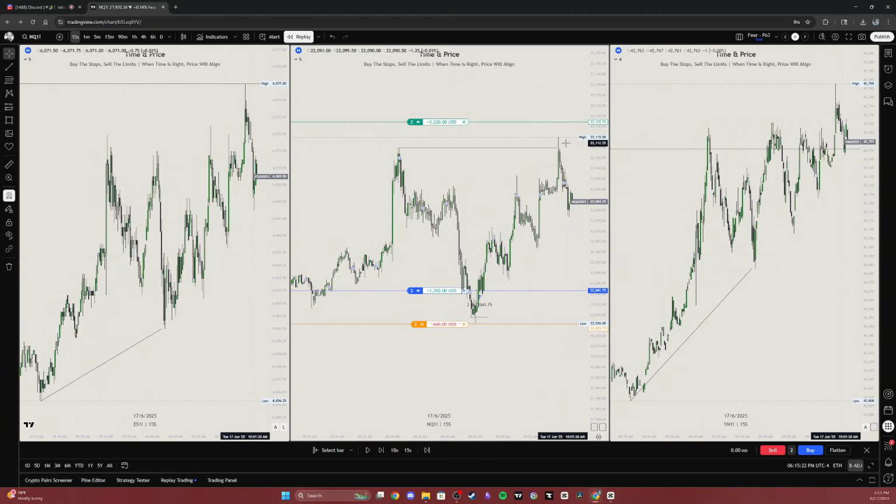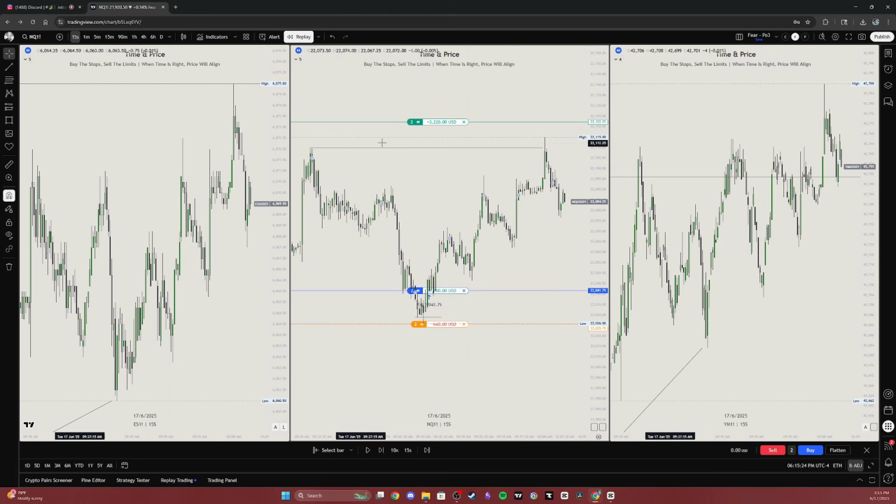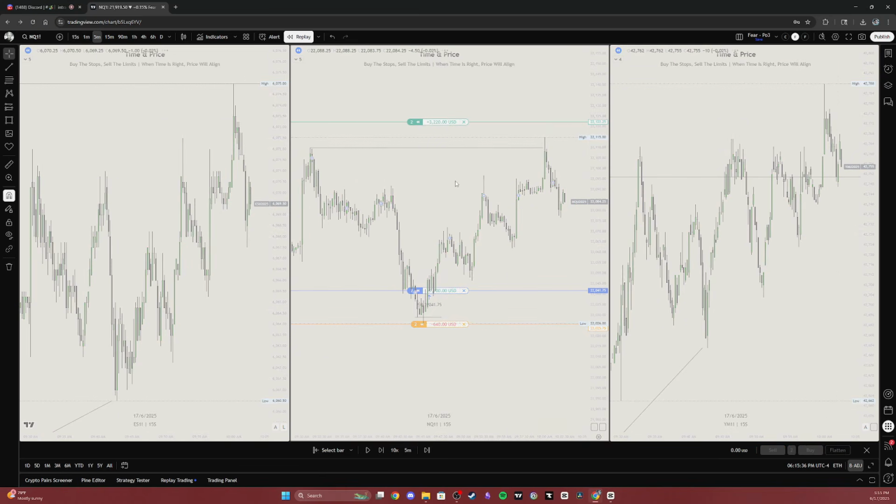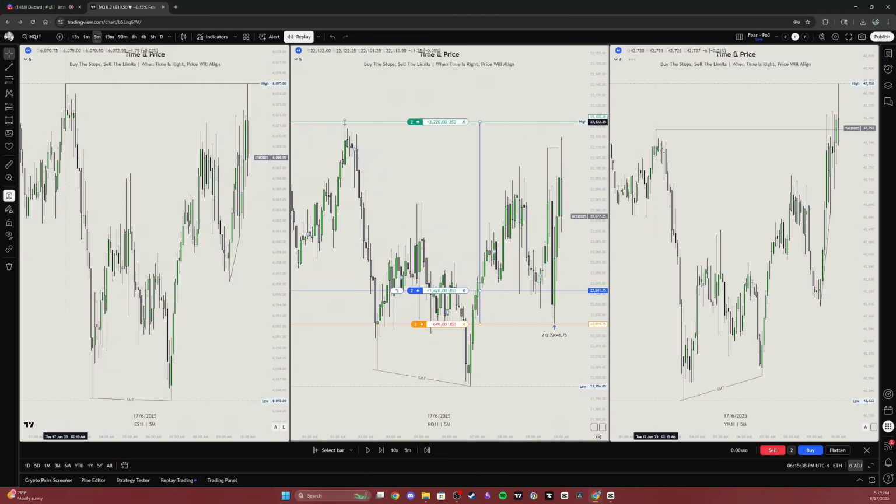Reason being, there's no SMT at the highs, but we just raided the 9 AM high, saw a significant retracement off of that and induced liquidity beneath the London high, or I guess the 2 AM high. This was the main reason.